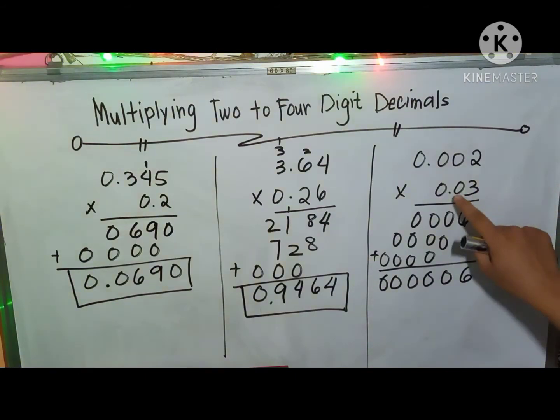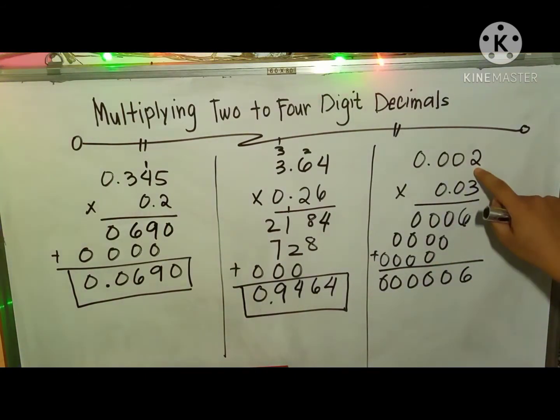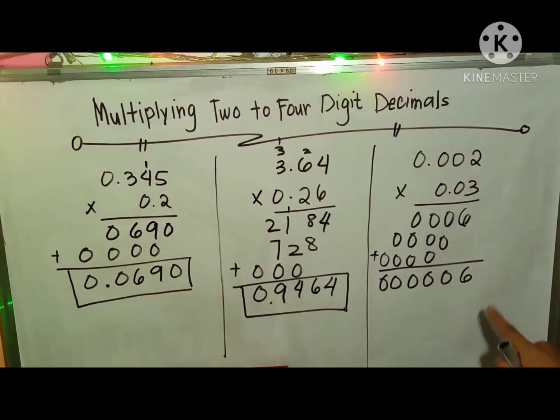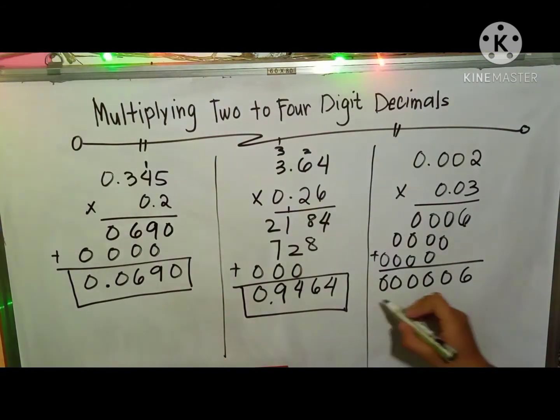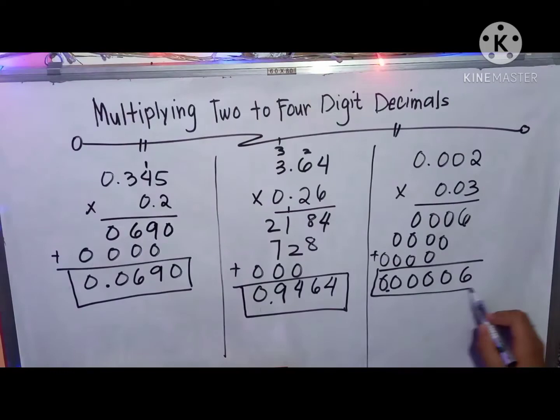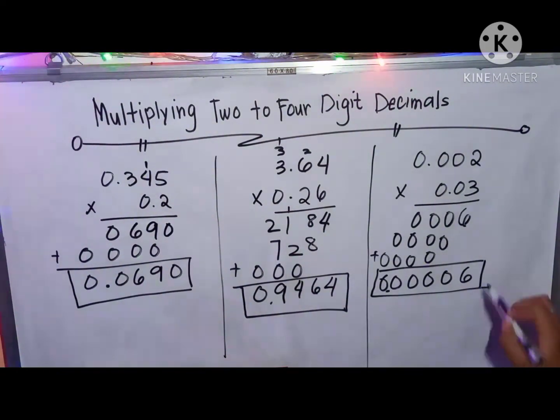We have 1, 2 decimal points, 3, 4, 5 decimal points. So we have 1, 2, 3, 4, and 5. Now, we are going to locate it in our final product. 1, 2, 3, 4, and 5. Then, put the decimal point. So, we have here 0.00006 as the final product.